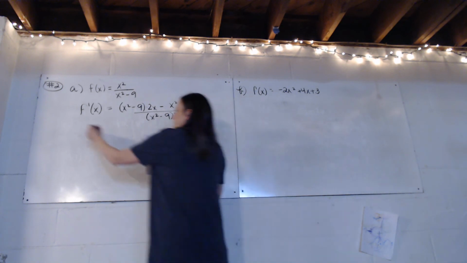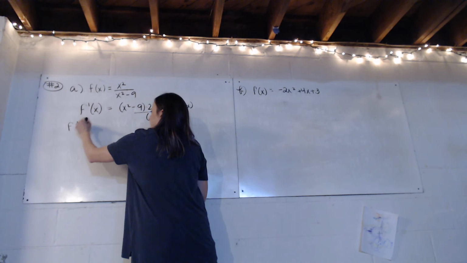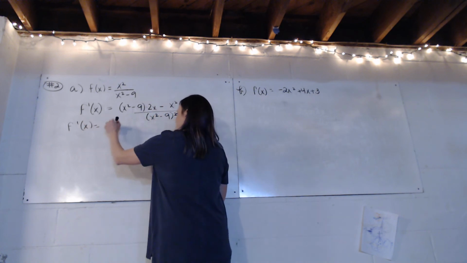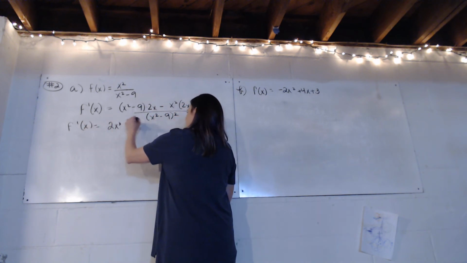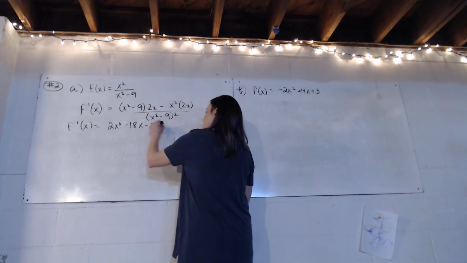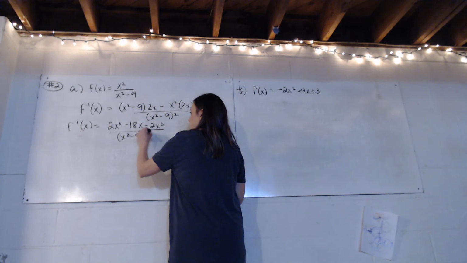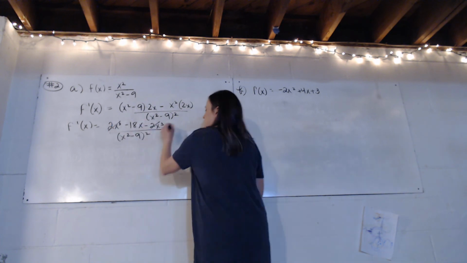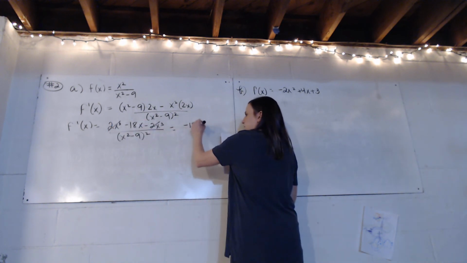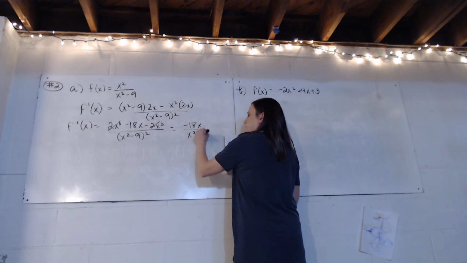And that simplifies. So this gives me 2x cubed minus 18x minus 2x cubed over x squared minus 9 squared. Clearly we can lose these terms. So I end up with negative 18x over x squared minus 9 squared.